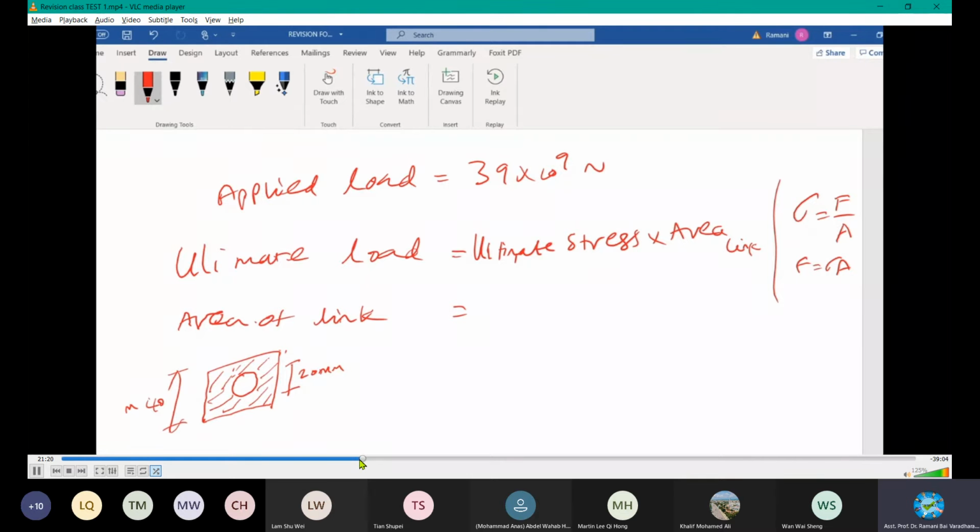This is the value of the area that is contributing to the loading. So I have to deduct this value. Area of the link is equal to B minus D into D. B is 40 or D. Let it be this one.